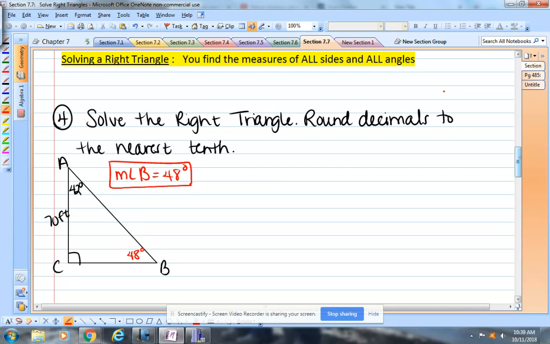So now I've got two sides I have to find. Y'all agree? I know all my angles. I need to know two sides. So what you want to do is pick one of them to work off of. Now, do y'all want to find this short leg or do y'all want to find the hypotenuse? Short leg. Okay, so give it a variable. Now, you could use either angle A or angle B, but sometimes I miss subtract, so I'm going to use the one they gave me just to be sure.